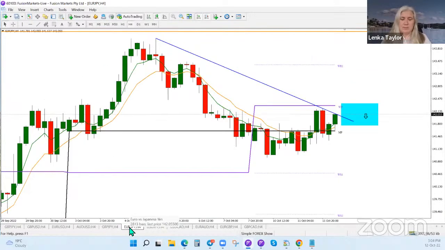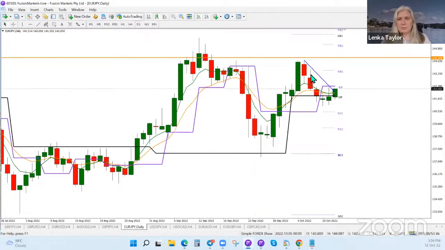Next currency pair I'm looking at is EUR/JPY, and EUR/JPY I'm also looking at short at the moment. This is actually just sort of indecision in between those two, but it was looking before like it was going to go short.